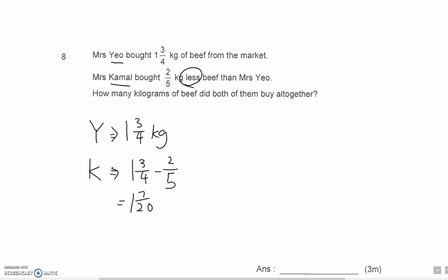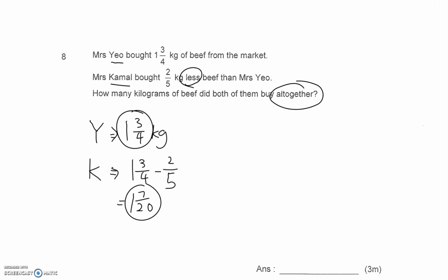Okay, now the question is asking for all together. So we're going to add what Yo has and what Kamal has. You notice I circled both of the fractions. So it's very easy for me to see Yo has 1 whole 3/4, Kamal has 1 whole 7/20. You might want to do that in the exams as well. Okay, circle the numbers that you are interested in only and add these 2 fractions together.